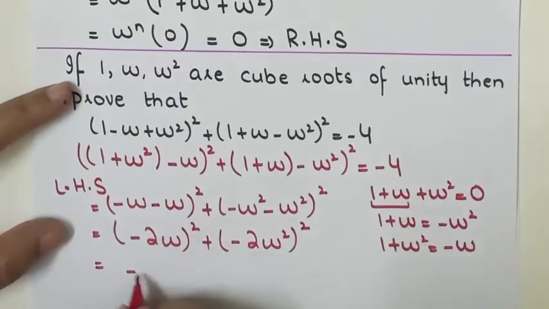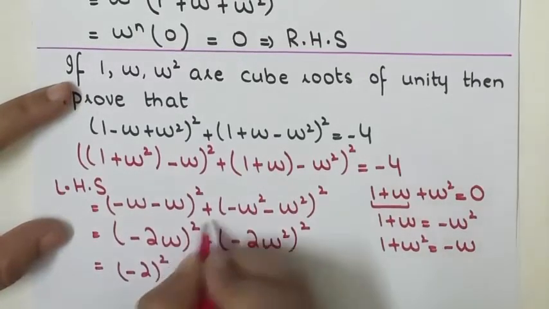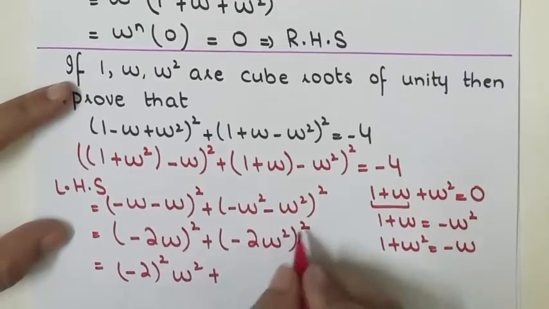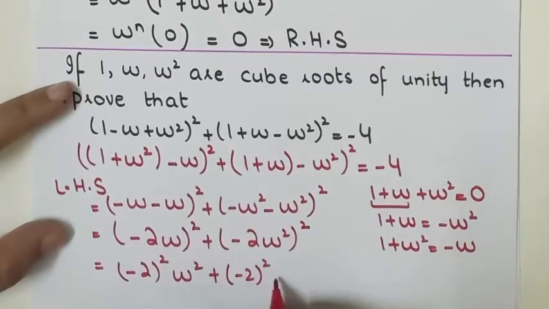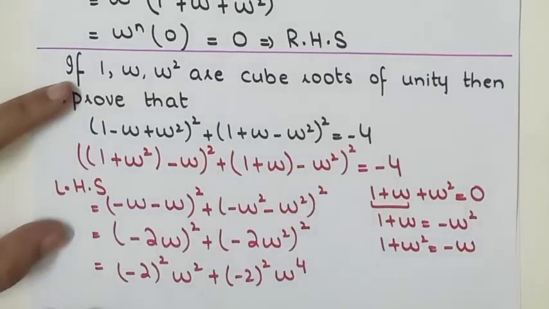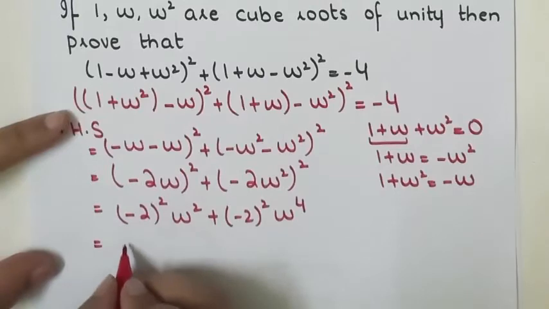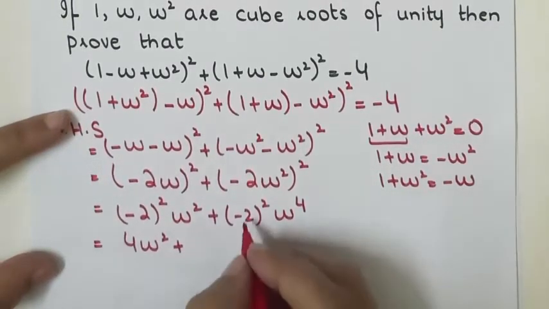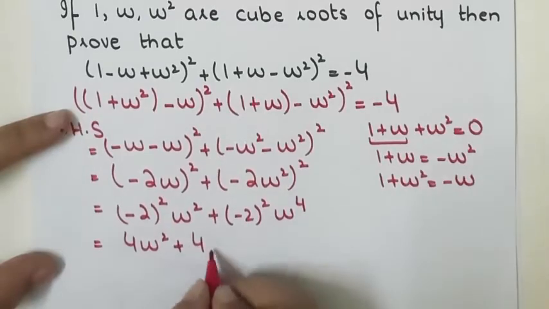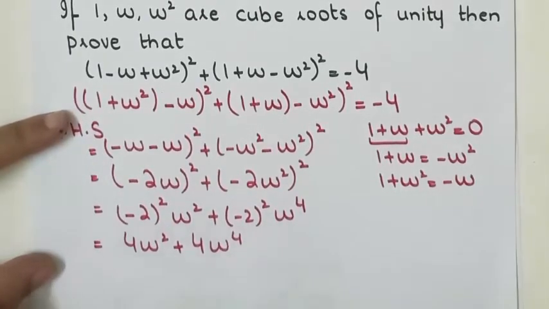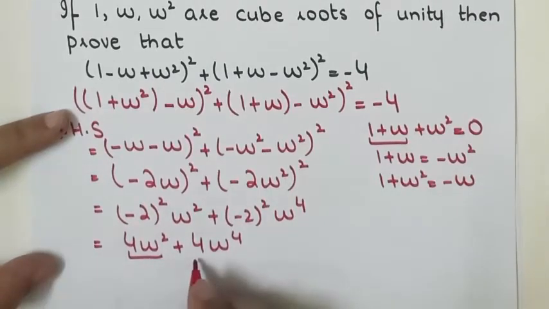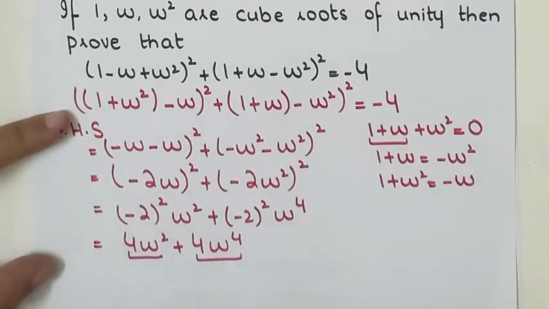So here we have (−2)² ω² plus (−2)² ω², which means ω⁴. So (−2)² is 4 and ω², and (−2)² is 4 and ω⁴. So this term has 4ω², this term also has 4ω².